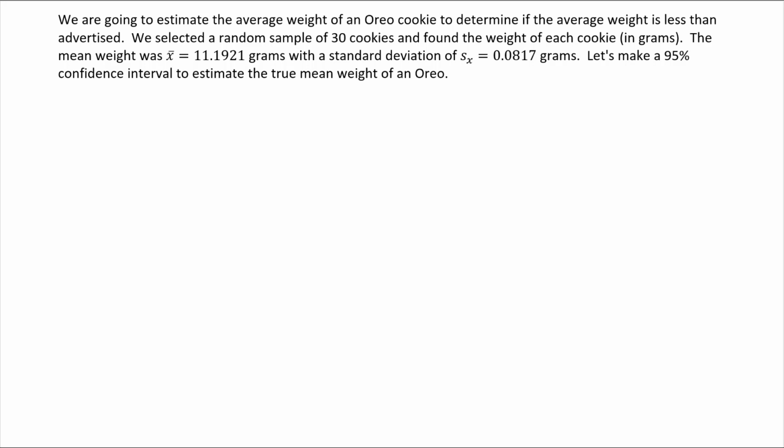Alright, so starting out with this, we're going to deal with our state, plan, do, and conclude. So we're going to start with the state part.